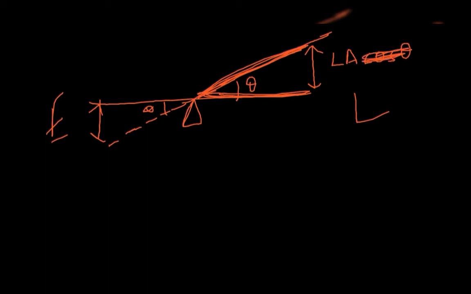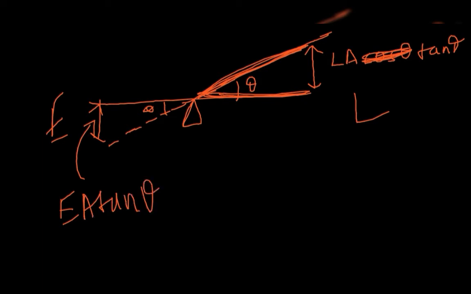This is load arm tan theta, and this will be effort arm tan theta, because tan theta is nothing but perpendicular by base. So base is this here, this is the effort arm, this is the load arm. Understand?